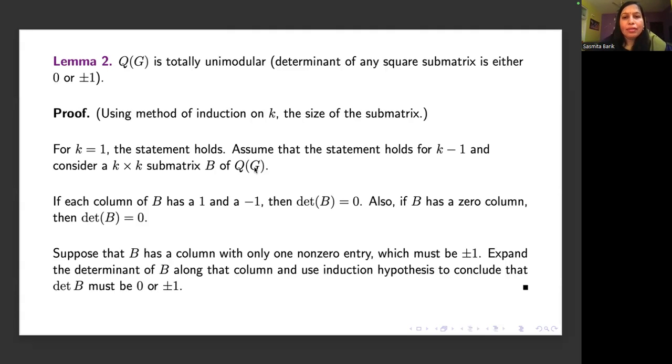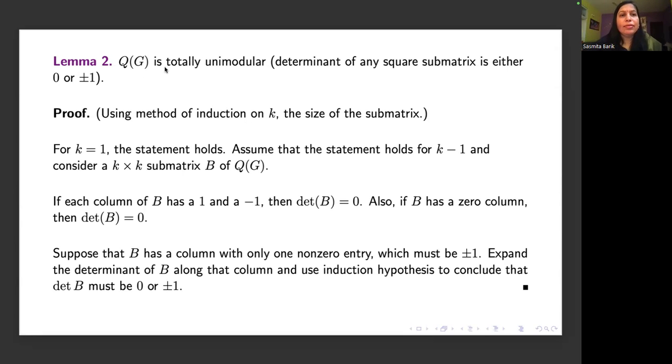Then you apply induction on that matrix, and the determinant will be plus 1, minus 1 or 0. Accordingly, the determinant of B is plus 1, minus 1 or 0. So using the induction hypothesis, you can prove it. If there is such a column, you have to expand the matrix corresponding to that entry, and then it will be done.